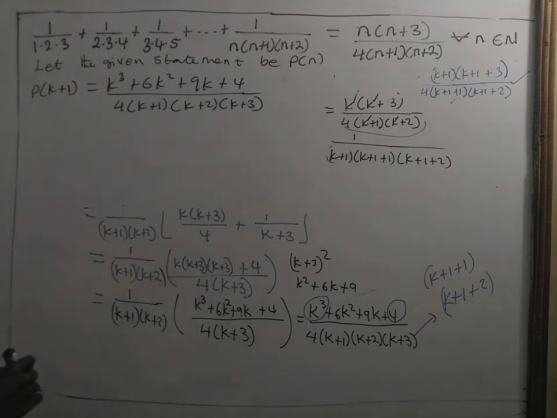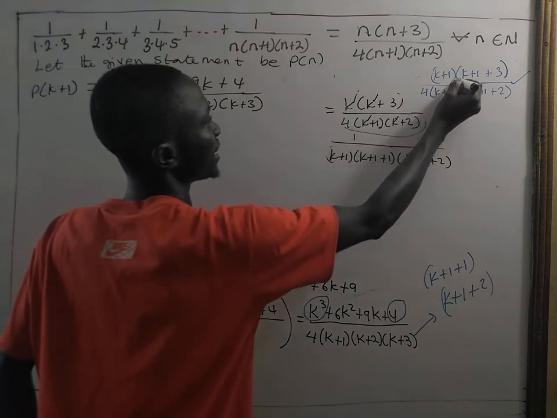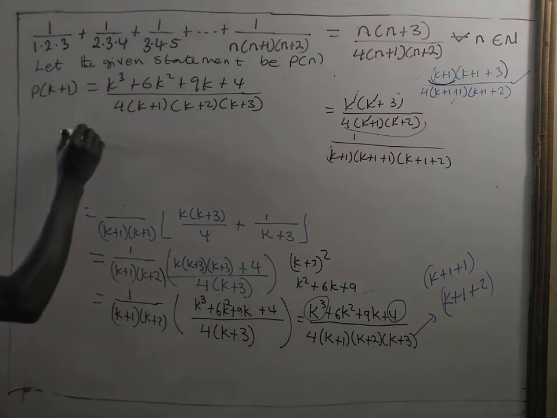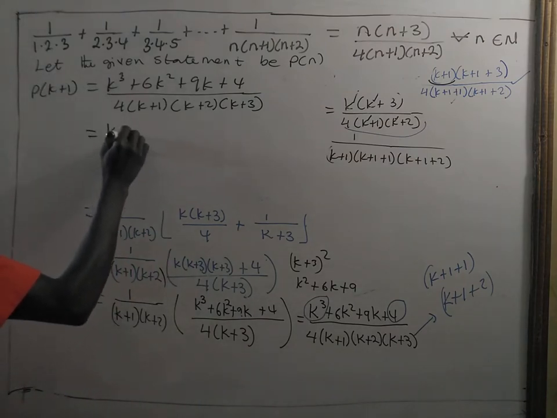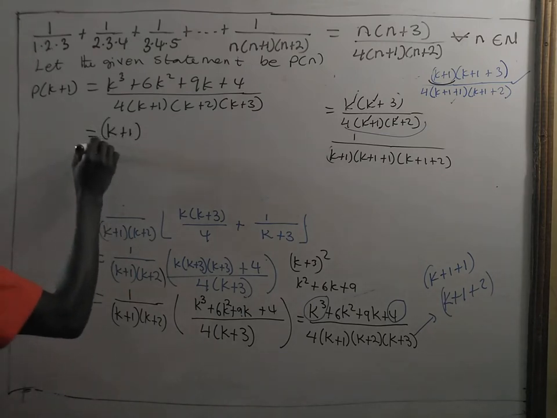Okay. So let's look at our final answer. Our final answer, we need k plus 1 at the top. So it implies that at the top we should put there k plus 1.